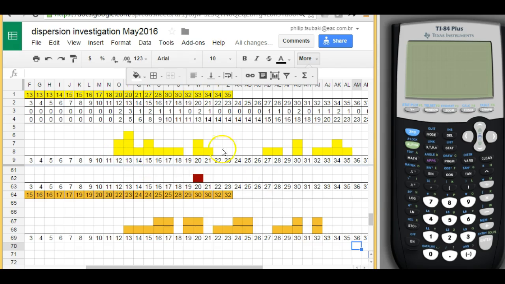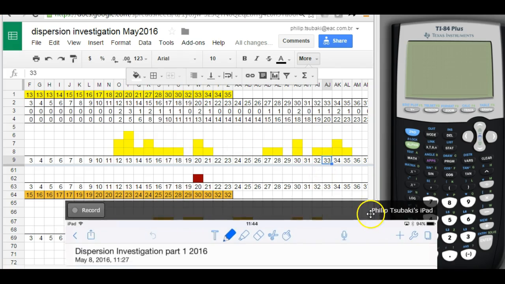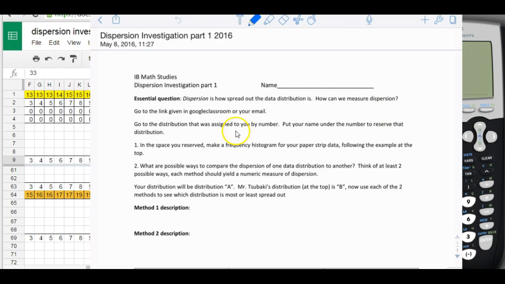And so you might say, oh, how am I going to do that? I'm going to count the blocks from left to right that it occupies or something like that. So you could count 1, 2, 3, 4, 5, 6, 7, 8, and so on. Turns out when you get to here, it's going to be 24. So my measure is 24, and the way I did it was I counted from one end to another. So I'm going to record that here in my worksheet.